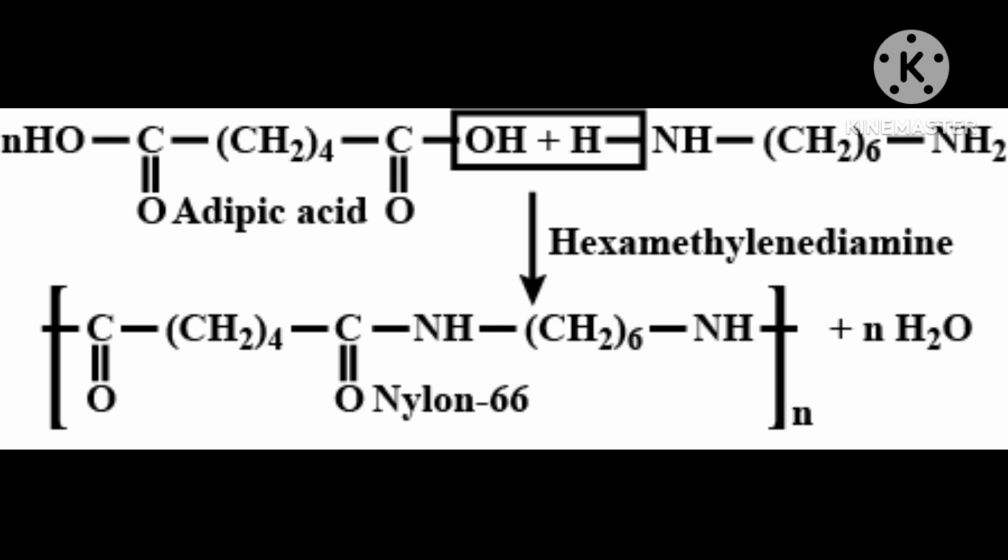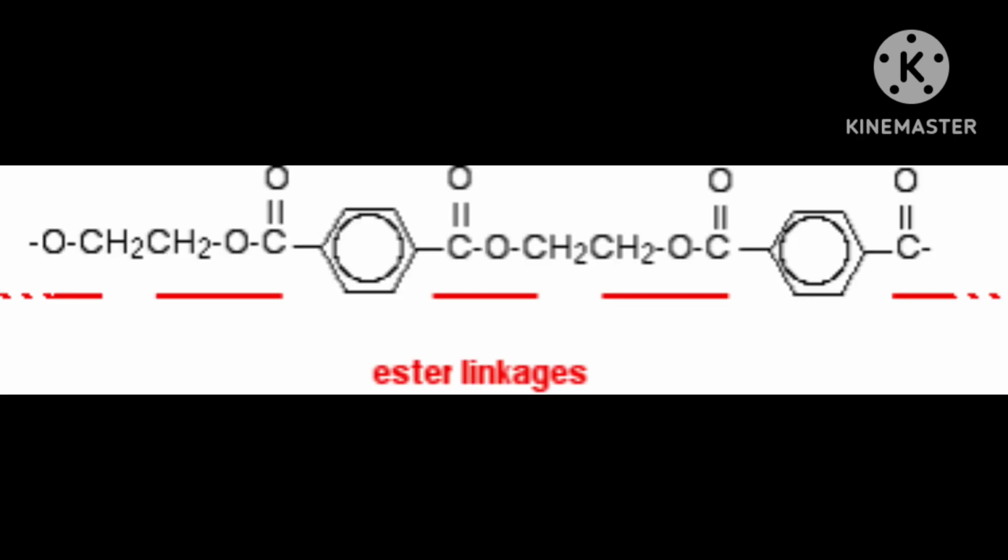Both carbons have one valence open for joining purposes. You write this inside the bracket, and outside down you write a small n. This is actually PVC.